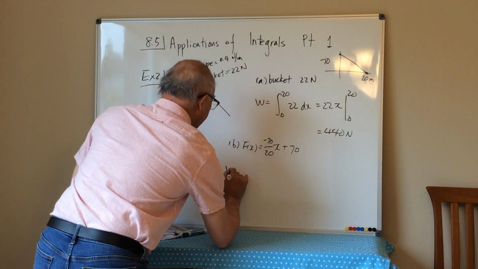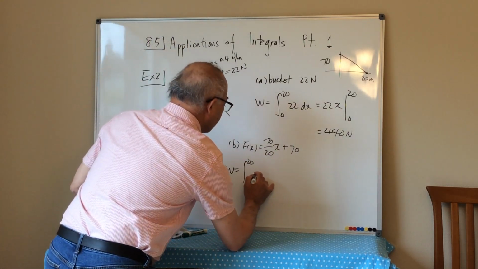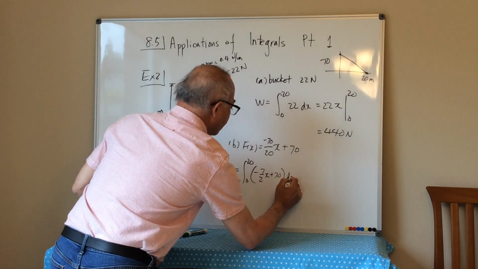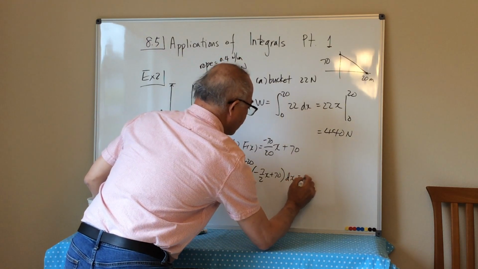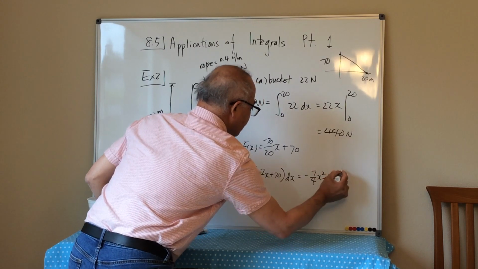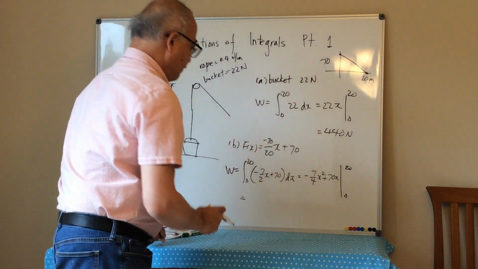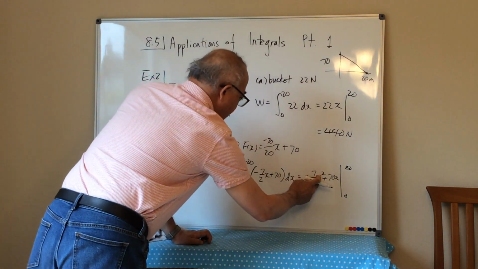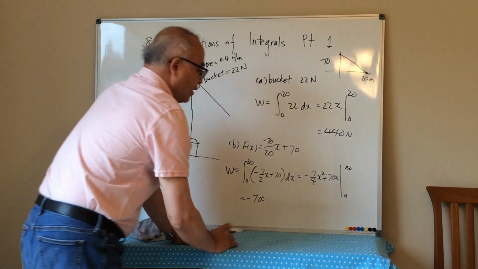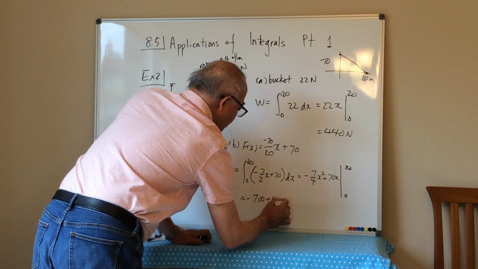So the work W is the integral from 0 to 20 of negative 7 over 2 x plus 70 dx, which is negative 7 over 4 x squared plus 70x, evaluated from 0 to 20. If I do that, 400 divided by 4 is 100, so minus 700, and then 70 times 20 is 1400.